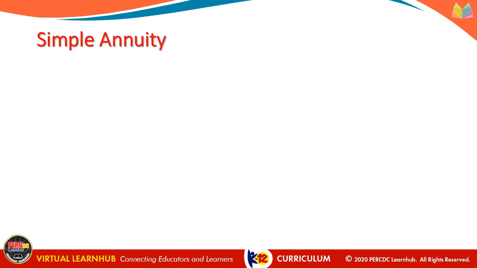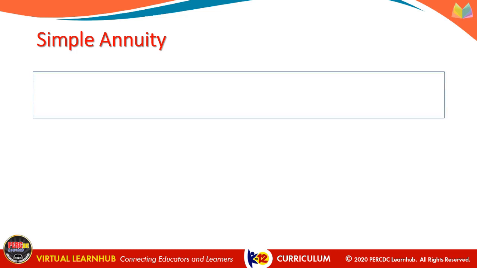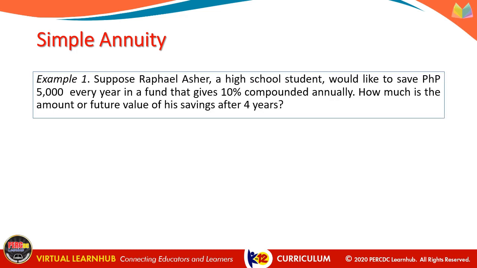Let us now focus on simple annuity. For the grade 11 senior high school curriculum, the focus is only on simple annuities and general annuities. Okay? Let's have example number 1. Suppose Rafael Asher, a high school student, would like to save 5,000 pesos every year in a fund that gives 10% compounded annually.